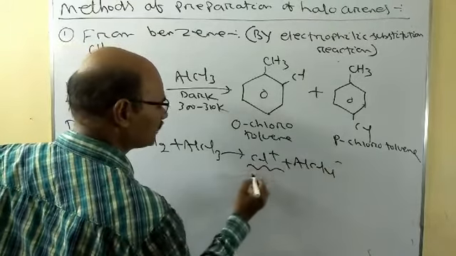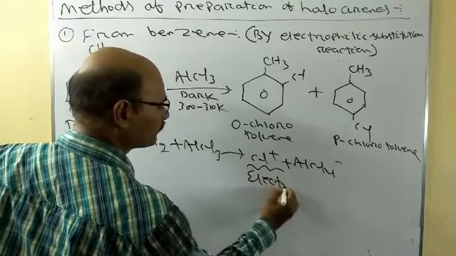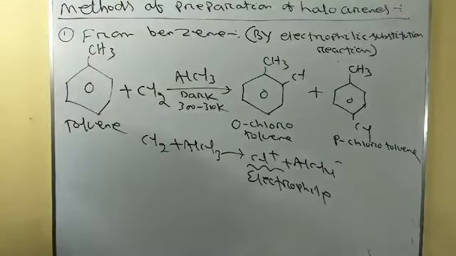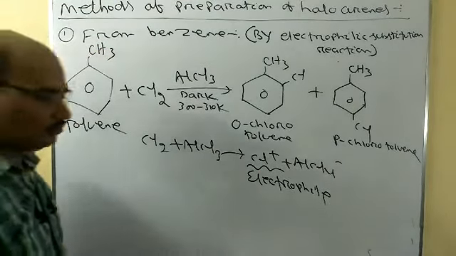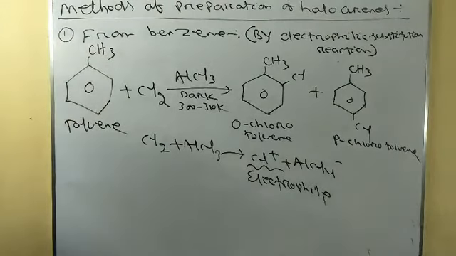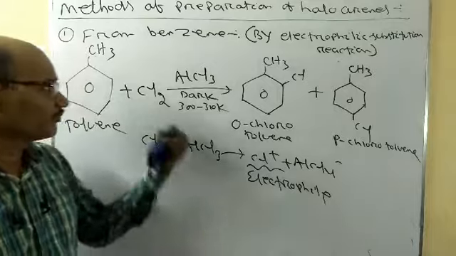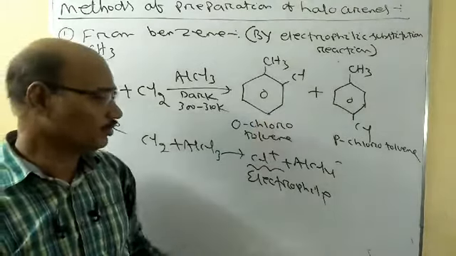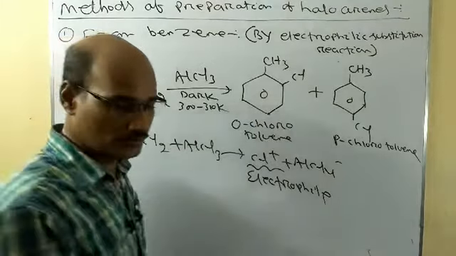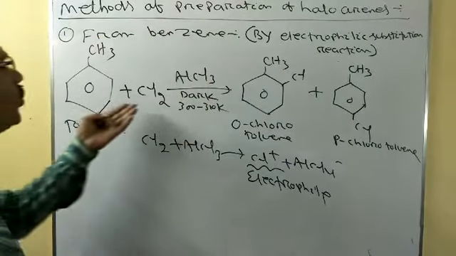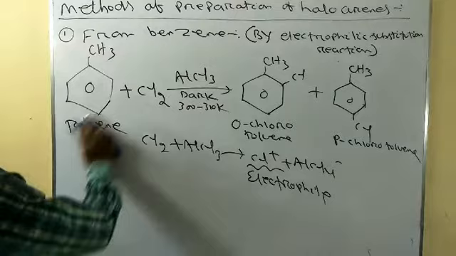This is the electrophile here, and this electrophile will undergo substitution. So toluene undergoes electrophilic substitution reaction to give ortho-chlorotoluene and para-chlorotoluene. Similarly, you can also go for bromine. Okay, no problem.